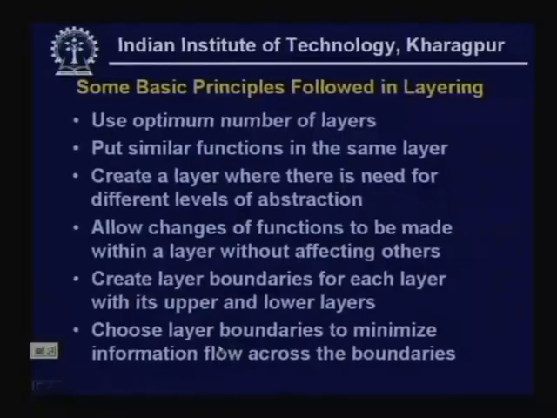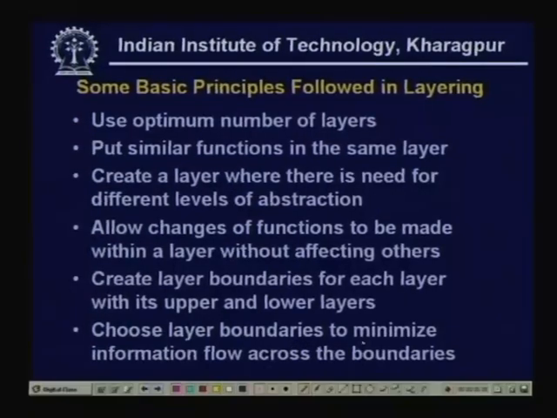What we want in that situation is minimum inter-process communication. Here also what we want is that the layer boundaries must be minimized in such a way. We have to minimize the information flow across the boundaries. That means the two layers which will communicate with each other through the boundaries, that information flow through these boundaries should be minimized.